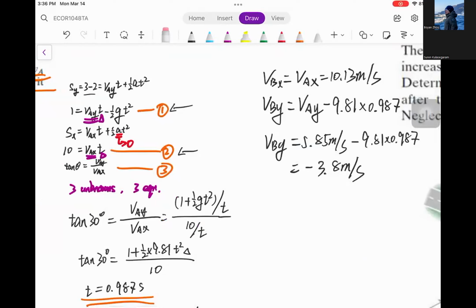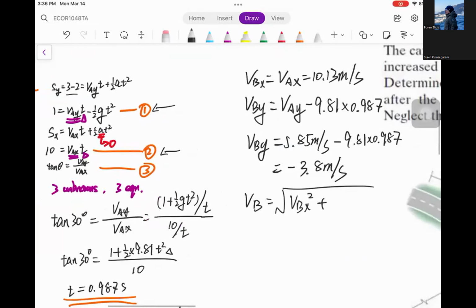So we have VBX and VBY. The next step is to find VB. That is the square root of VBX to the power of 2 plus VBY to the power of 2.